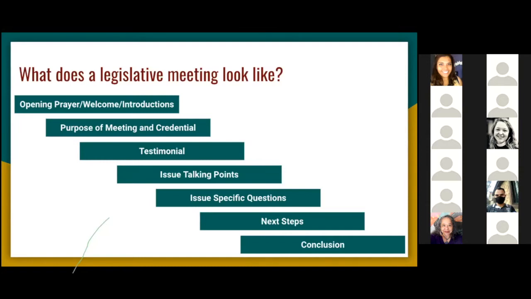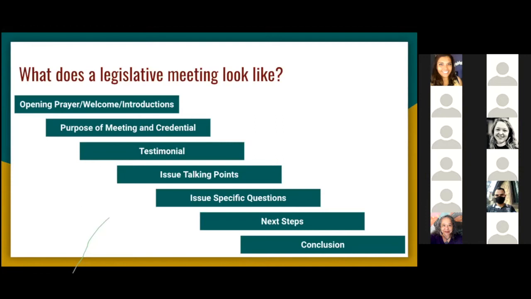And then you also want to credential yourself. It's not enough to just be in the room, but folks have to know who you are and what you do. Going back to our conversation around power, what is the power that you've built and how have you used that to then be in the room with your elected officials or local leaders? Next, you can have a testimonial or two. So who are the folks that are directly impacted by the issues that you're talking about?